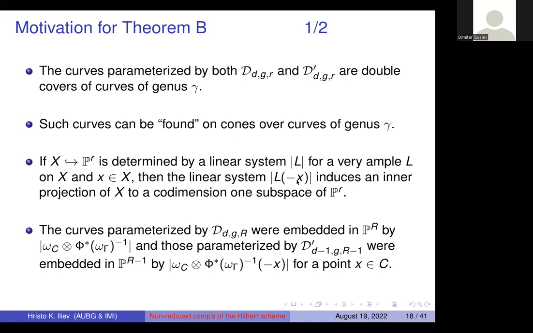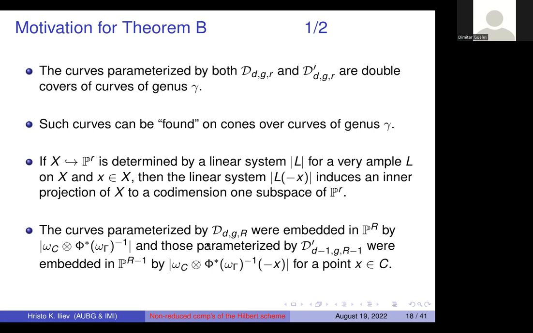But what's the difference between the two is that the second embedding, the one given by the linear system L minus x here, is in fact the so-called inner projection of the first one to a codimension one subspace of the projective space.